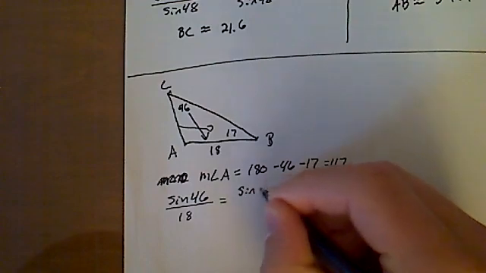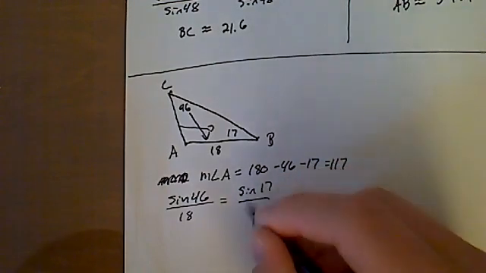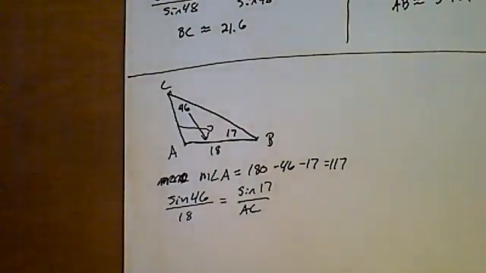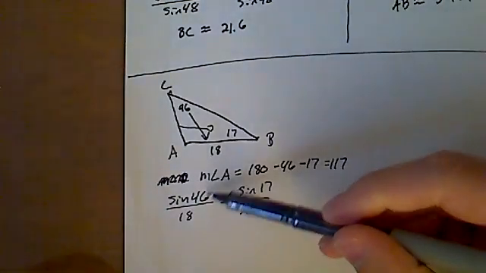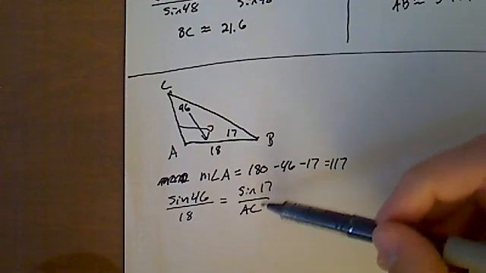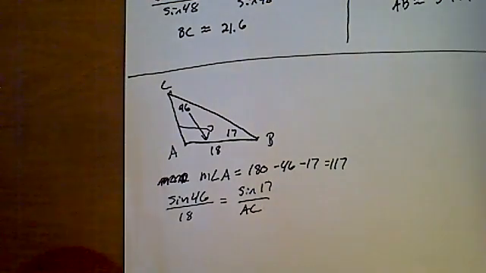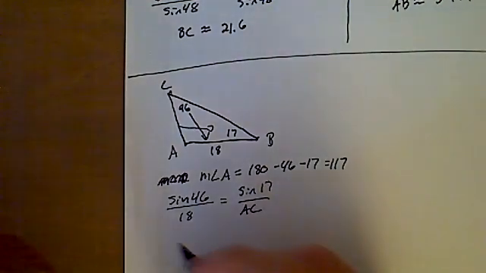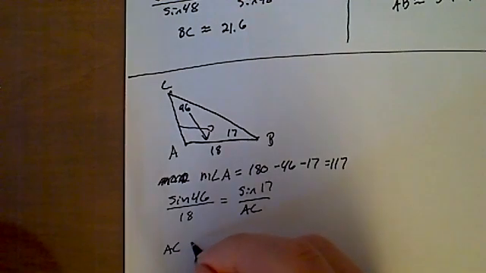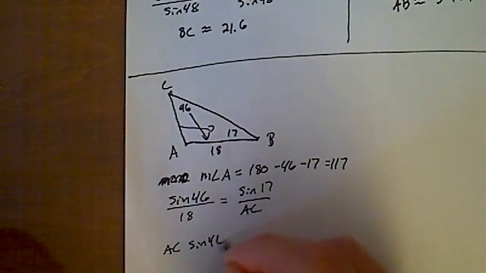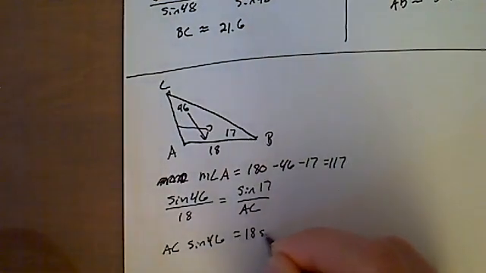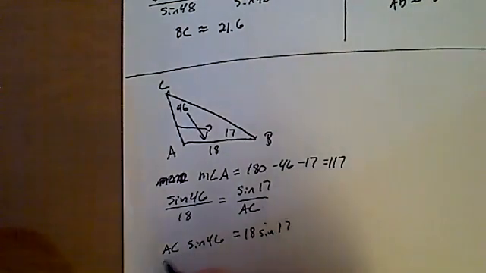So we have the sine of 17 over the side AC. Then it's angle over side opposite, angle over side opposite. Cross multiply. And divide.